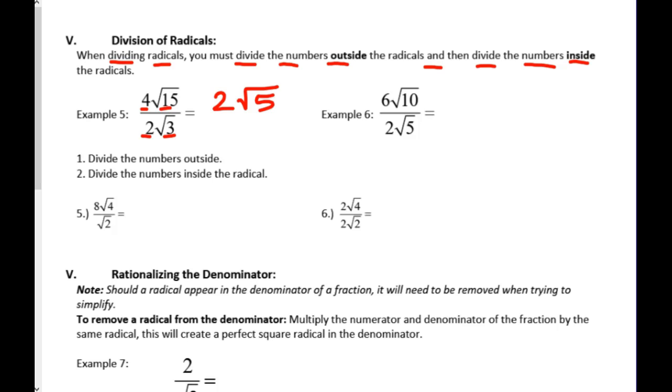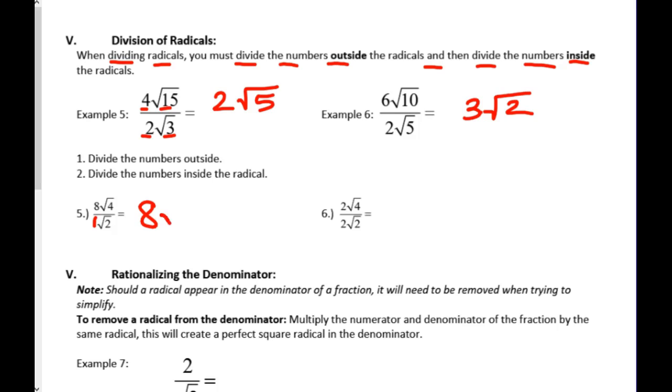Okay, next example. 6 over 2 is what? 3. 10 over 5 is 2, so square root of 2. Easy, hard? All right. So look at number 5. On the bottom, what number is implied here? It's like a 1. So 8 over 1 is just the same thing as 8, right? And then square root of 4 over square root of 2 is what? 2.